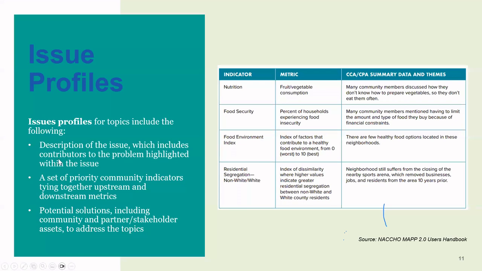Okay. So in terms of issue profiles, this is essentially just a summary of everything. You're going to create a description of the issue, contributors to the problem, which you would have identified in a root cause analysis, a set of priority community indicators, which you would have looked at in the process of identifying the issue, and then you look at potential solutions, including partner stakeholder assets to address the topic.